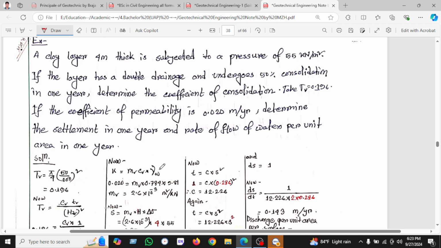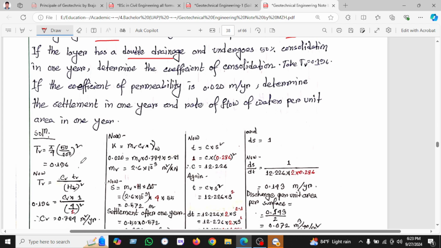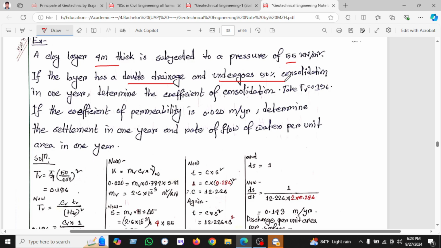Another example: a clay layer 4 thick is subjected to a pressure of 55 kilonewton per meter, and the layer has double drain, that means it will be divided by 2. It undergoes 50% consolidation.